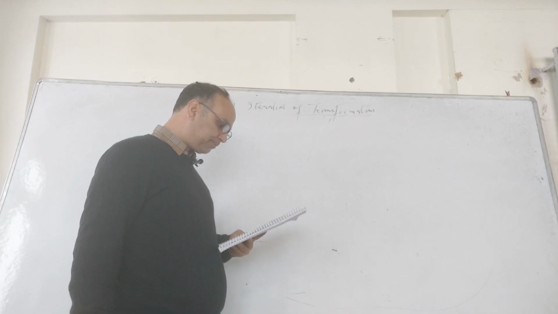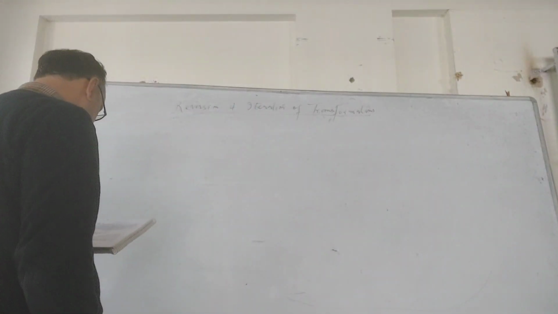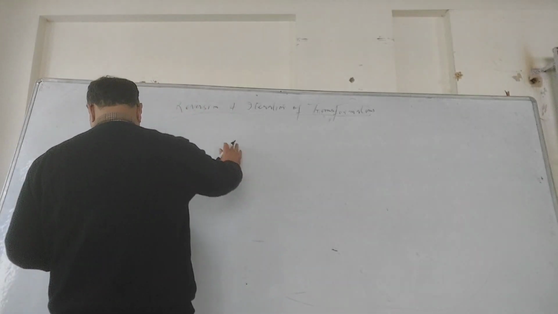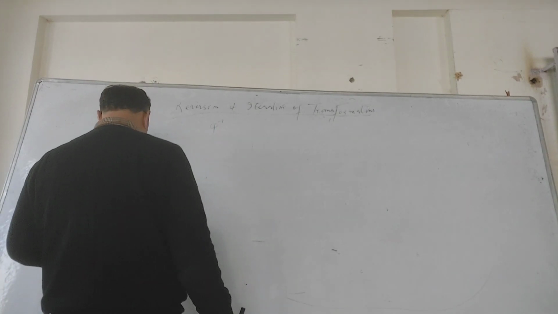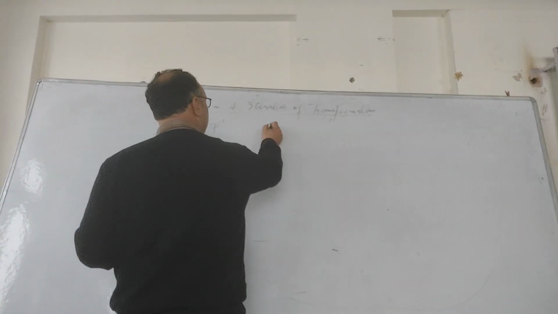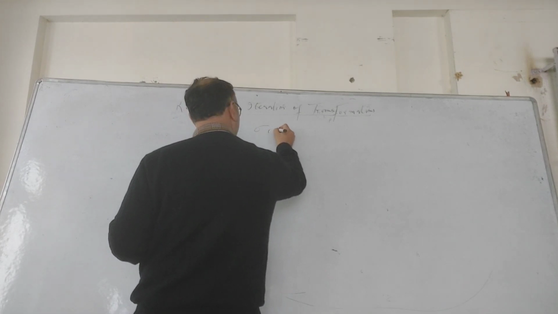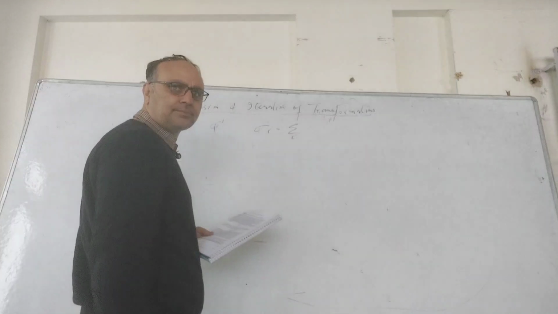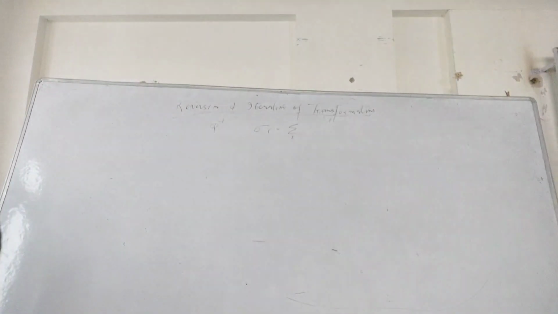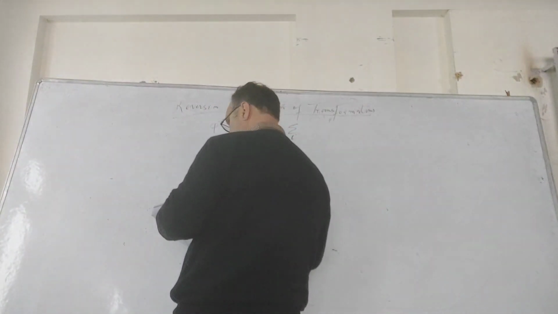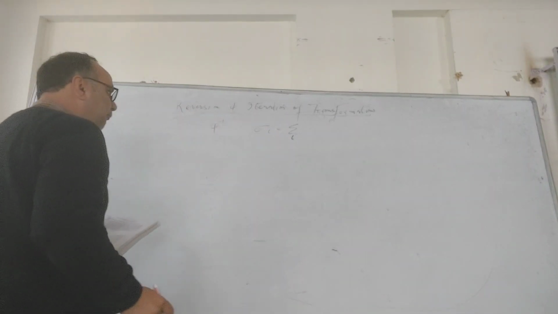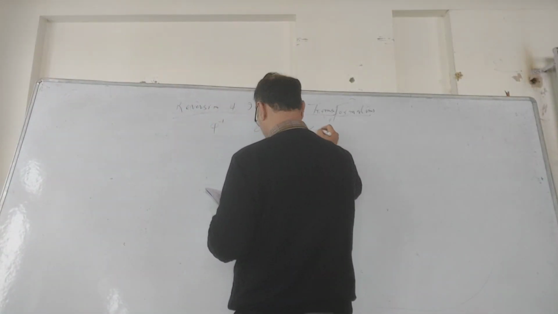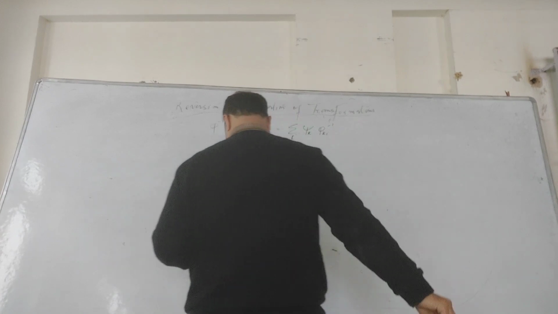So, for example, in case of reverse transformation or converse transformation, if phi inverse is a reversed or converse transformation, then sigma i is sigma k phi of ki inverse.